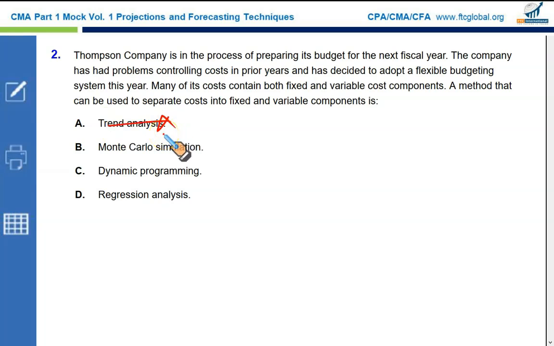Monte Carlo simulation. This is again incorrect because we use Monte Carlo simulation to generate lots of values for a random variable. Like if we have your direct material, it can have a certain cost, $3 or $3.5 or any number.